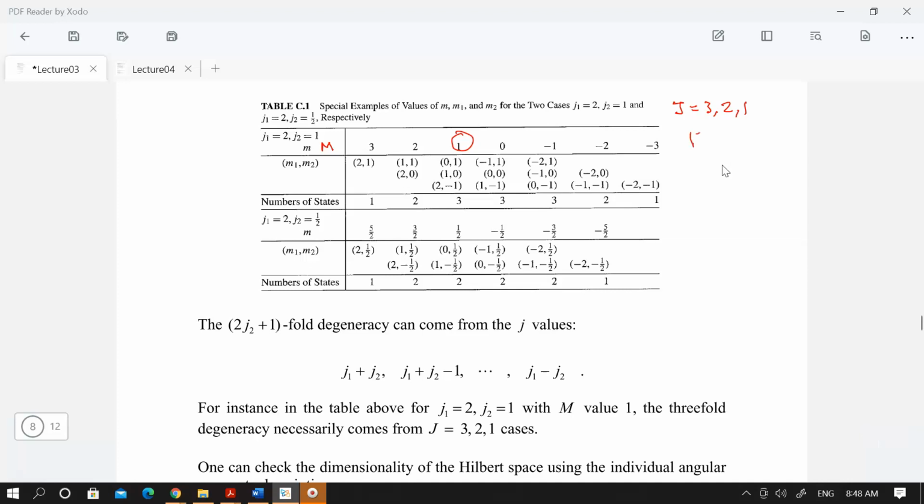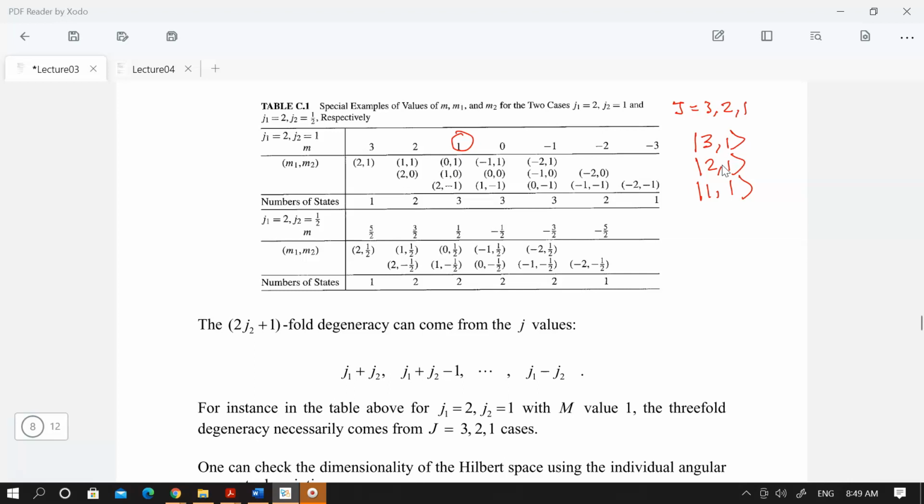Sorry, I'm getting confused here. What I mean is the following: I want M equals 1. So I have 3, 1, 2, 1, and 1, 1. And how do they relate with this M1, M2?